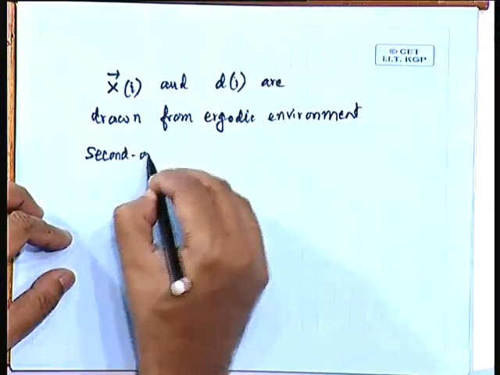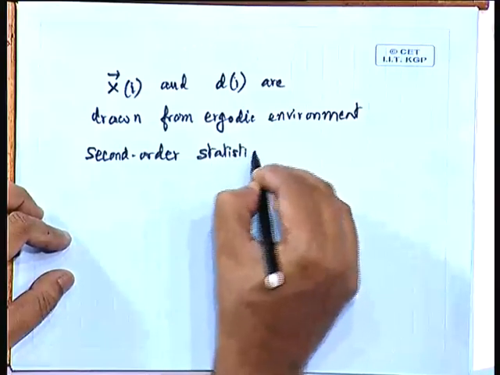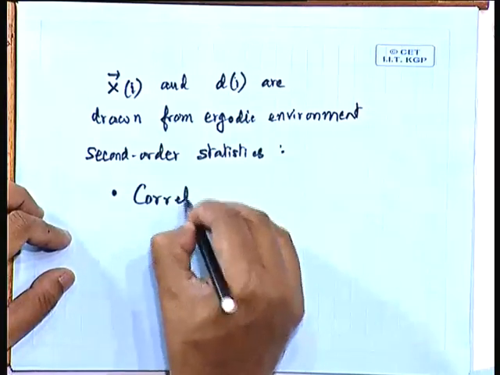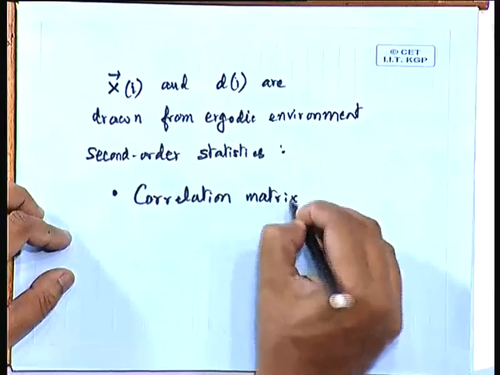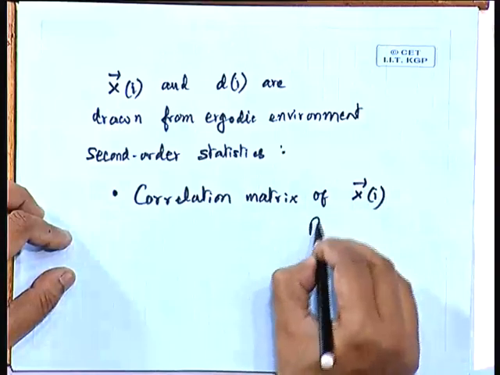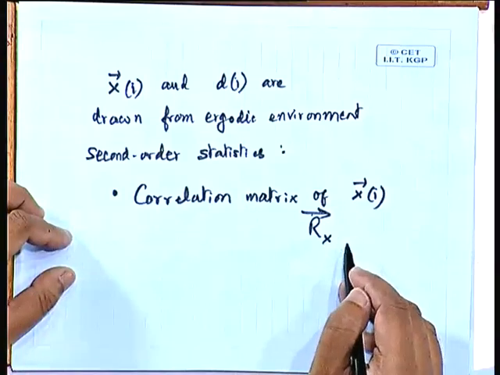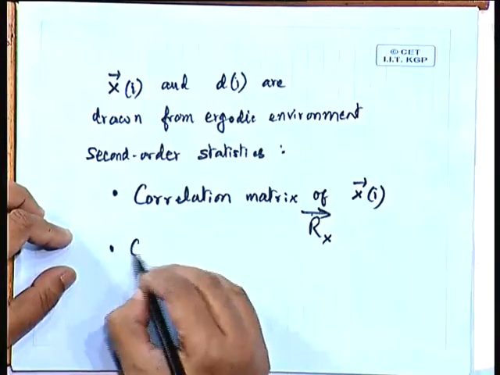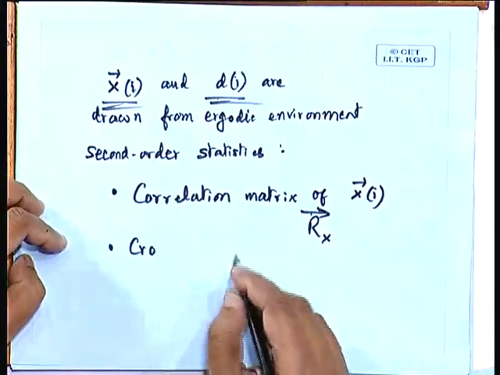So, we define some second order statistics for this ergodic environment, and those second order statistics are firstly the correlation matrix of xi. The correlation matrix will be indicated by the matrix Rx. The other second order statistic that we make use of is the cross correlation between xi and di.